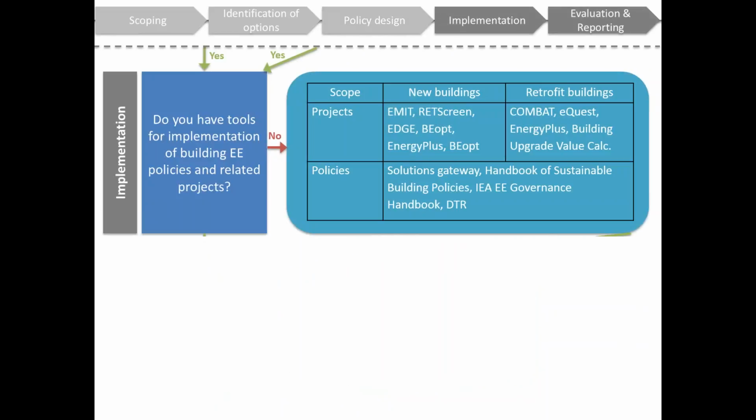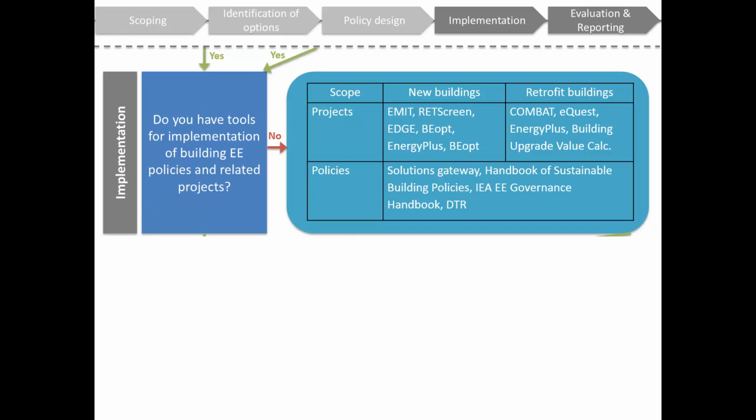The next stage is implementation, and here we distinguish between, as I said, project and policy tools, because implementation can be in terms of policies, but it can also result in actual building projects. And here tools are quite different. There are simulation tools for building design or building renovation, separately for new buildings, for specifically targeting retrofit buildings, or certain modular tools can be targeting retrofit buildings, and see how different energy efficiency solutions can result in energy savings or greenhouse gas emissions reductions.